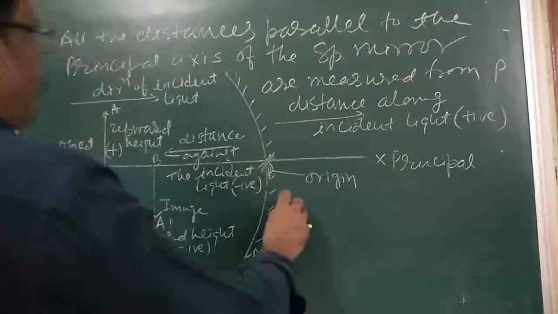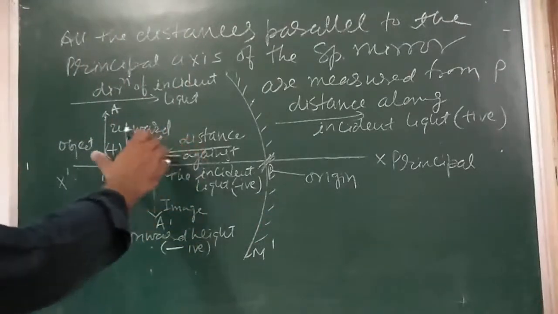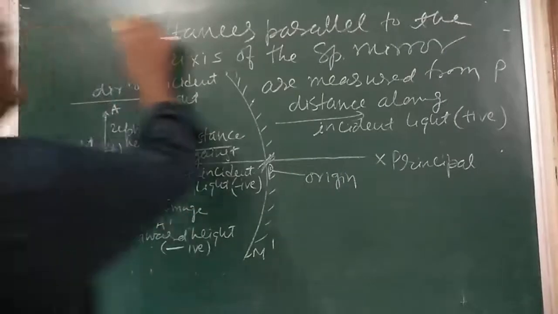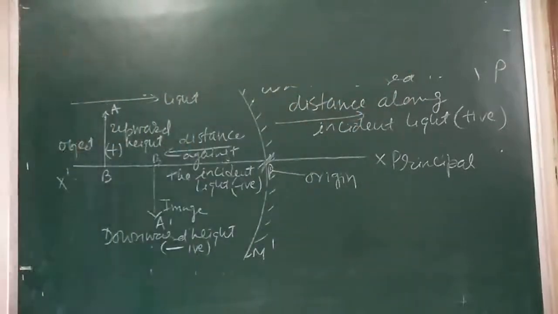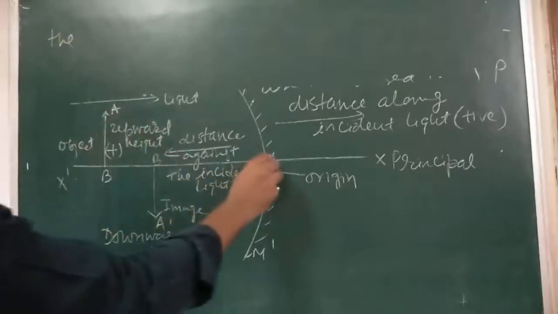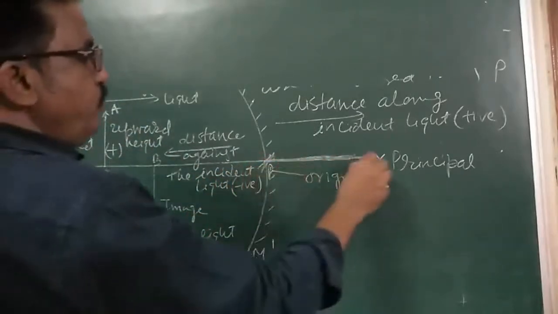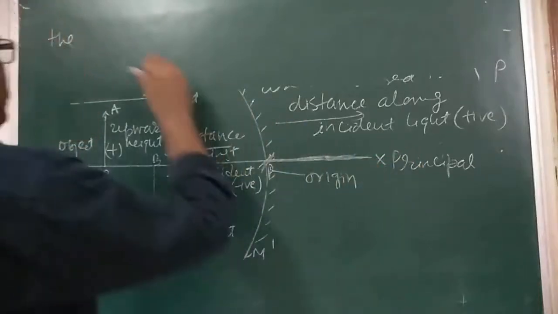Now, the next one is the distance measured in the direction of incident light. If you are measuring the distance from here to here, in this direction, that will be positive.